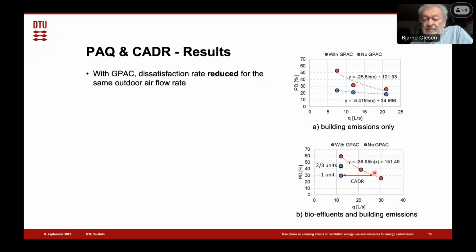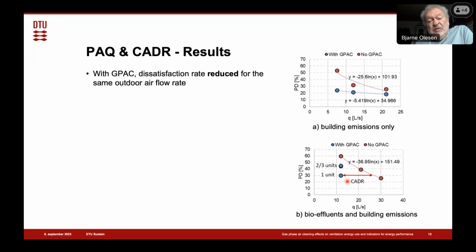And then we put on the air cleaner, and we get the blue ones, and you see we get fewer people dissatisfied. The difference between those is really the clean air delivery rate from this air cleaner. We will see that it varies depending on where you are on the scale.